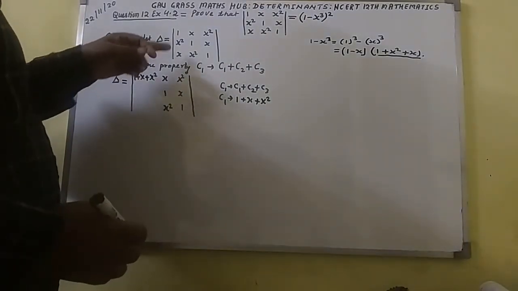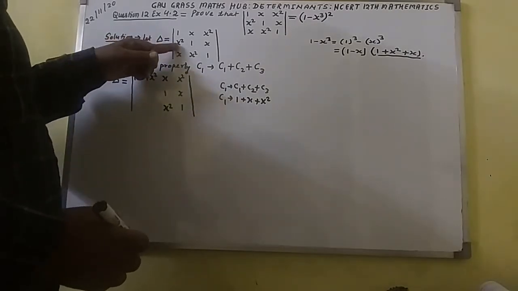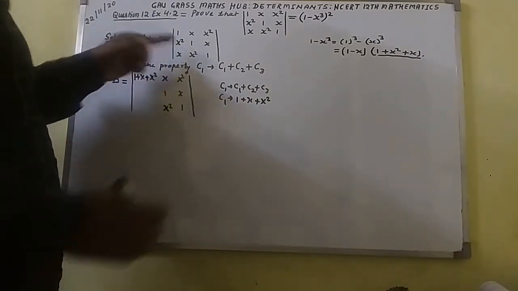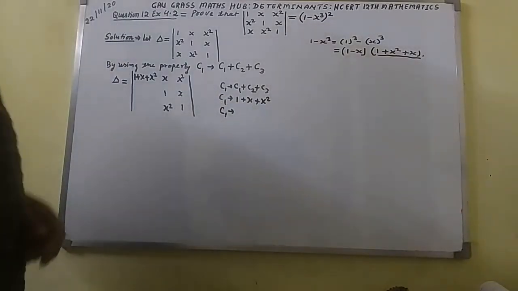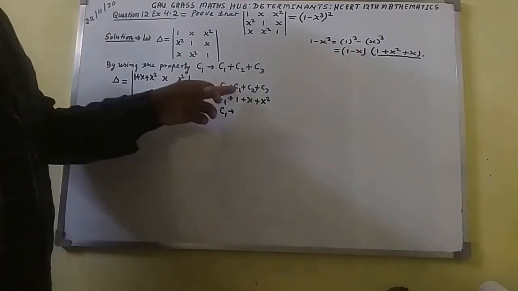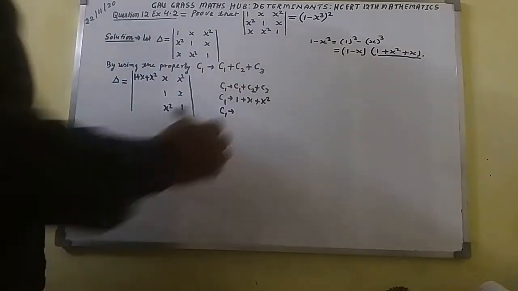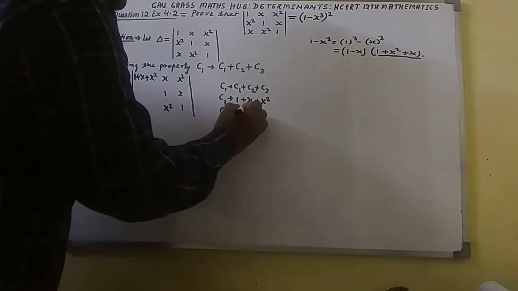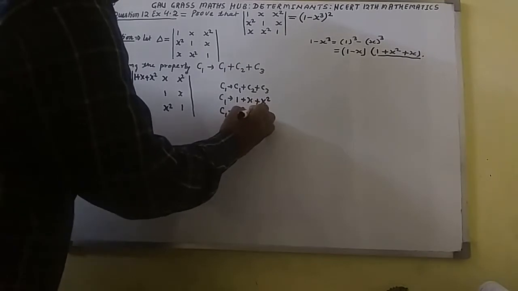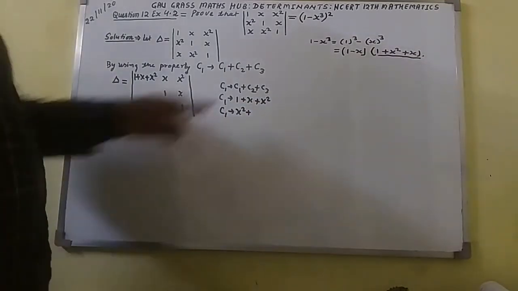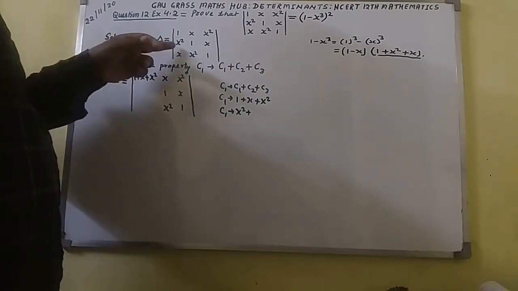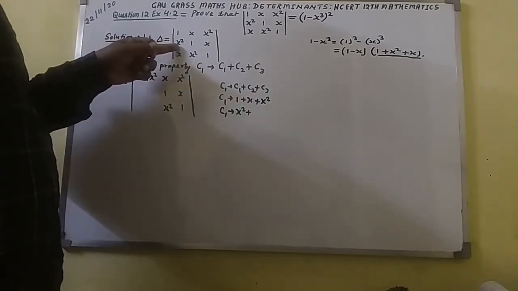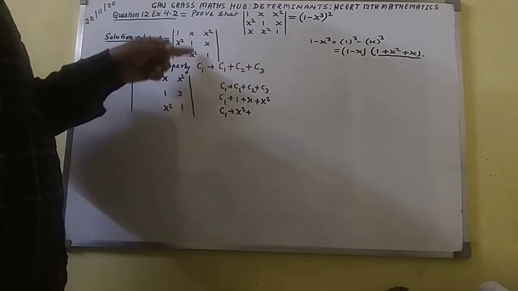Again, for the element x square, C1 goes to, if I take the element of C1 as x square, so here write x square plus, for C2 I shall refer second column. The corresponding element of x square in the second column is 1.